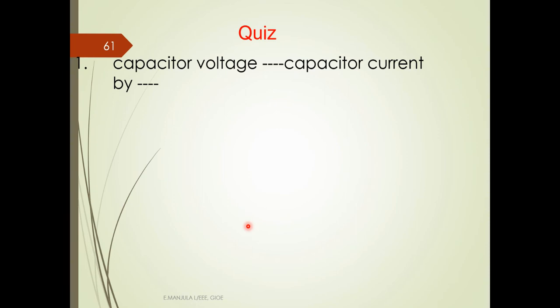So here, capacitor current by capacitor voltage. See, this is a capacitor. In a capacitor, the current will always lead by 90 degrees, so the voltage will lag by 90 degrees. So the capacitor voltage lags the capacitor current by 90 degrees.